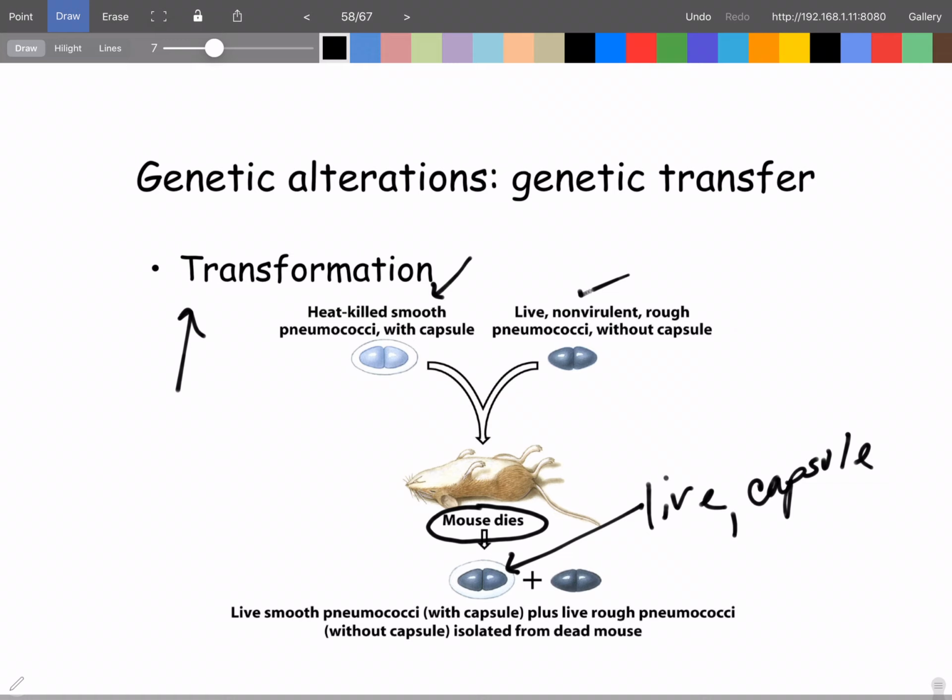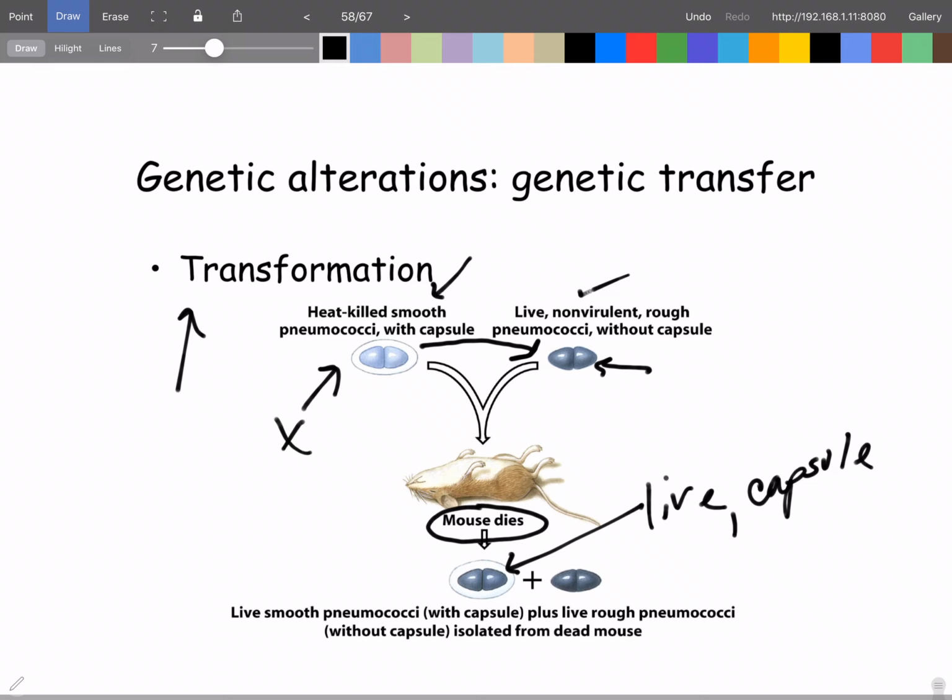He suggested that the heat-killed smooth pneumococci didn't come back to life, that he had killed them and they were definitely dead. But somehow these heat-killed smooth bacteria were able to donate some genetic information to these living ones that didn't have a capsule, allowing them to produce capsule. He called it the transforming factor.